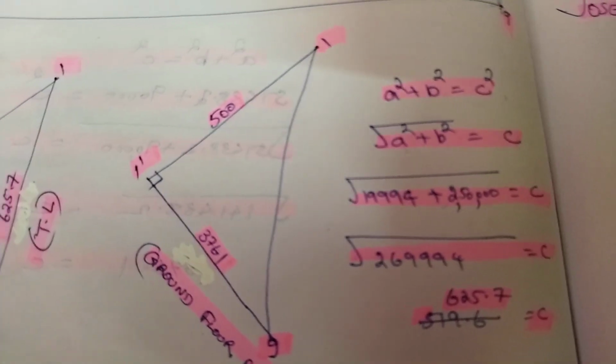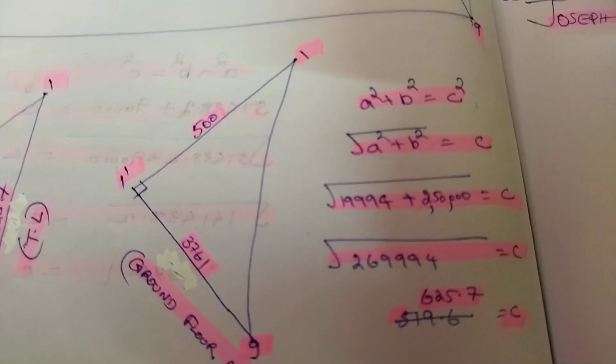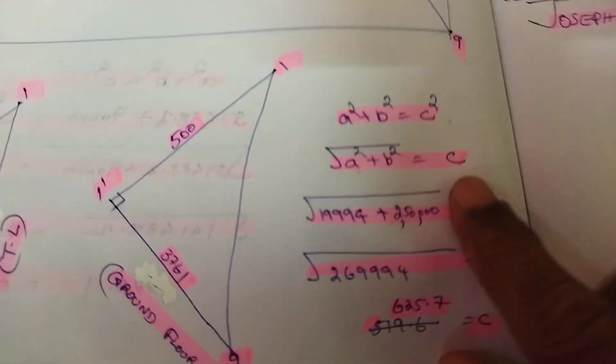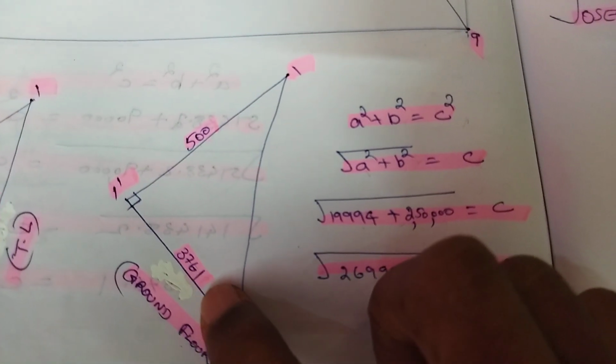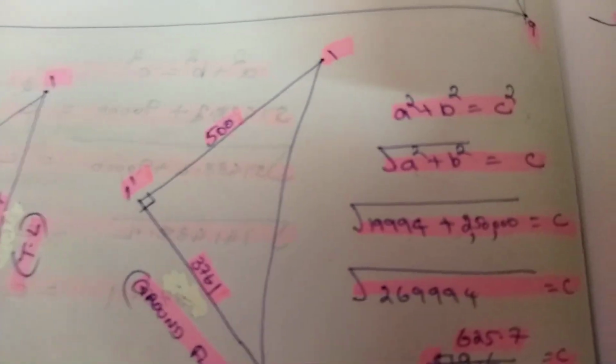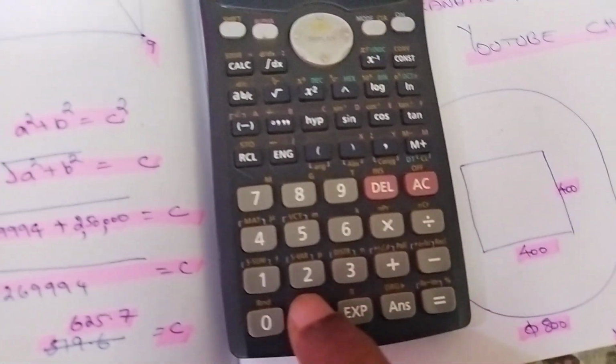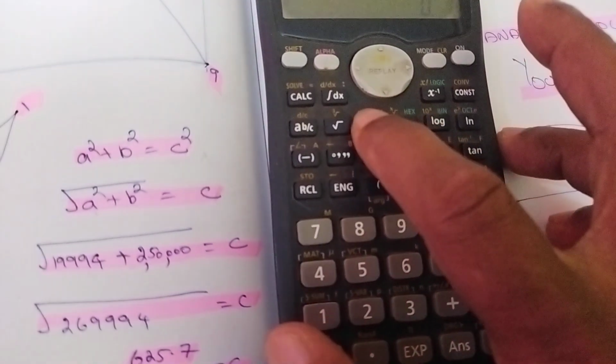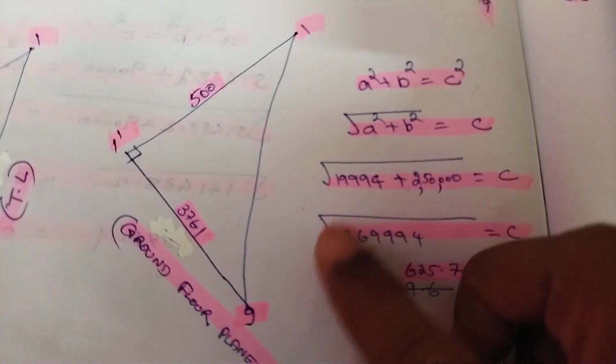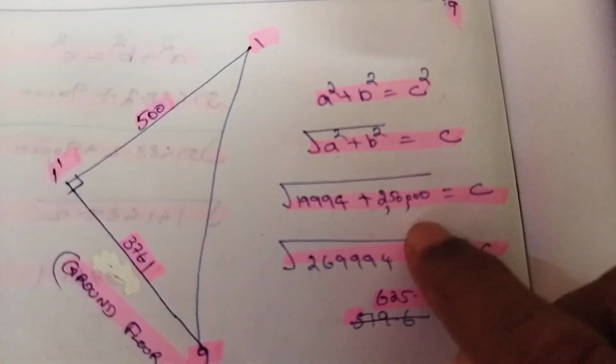Take 376.1 square plus b square, which is 500 square.